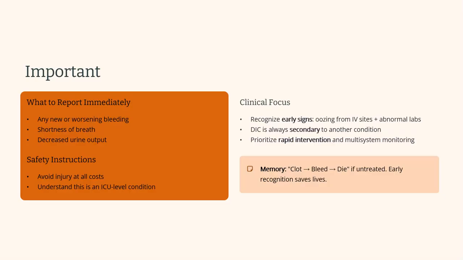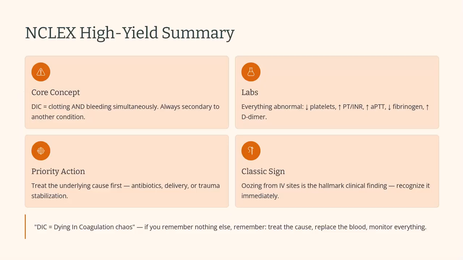Remember, DIC is always secondary to another condition. So if your patient has one of those other conditions that put them at high risk, we're on high alert for this. Prioritize rapid intervention and multi-system monitoring. Remember, the patient's going to have abnormal clotting and then uncontrolled bleeding, which can lead to death if not treated. So we want to recognize this early.